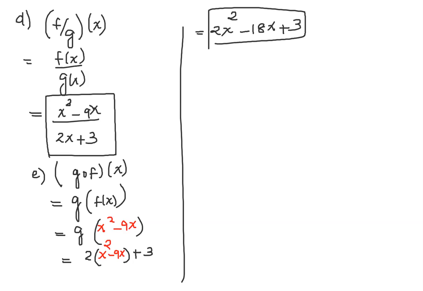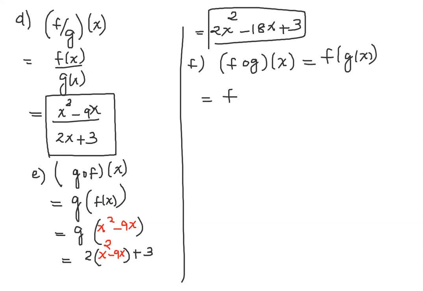Okay. The next one is f composition g. So we do the other way. We're going to do f composition g of x, which by definition is going to be f of g of x. So that means f, what is g?